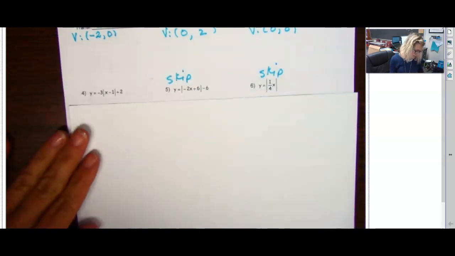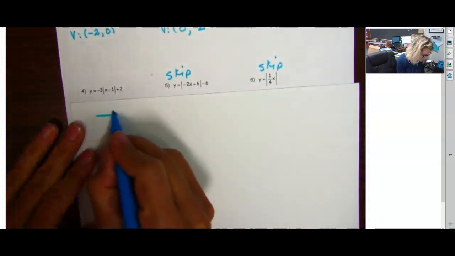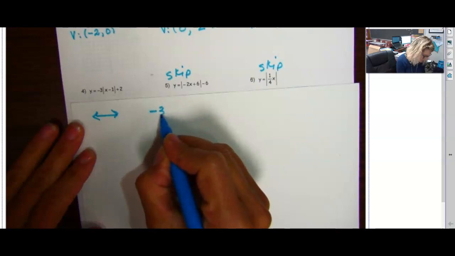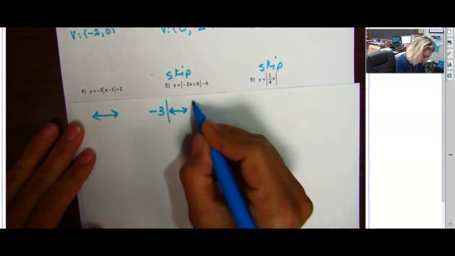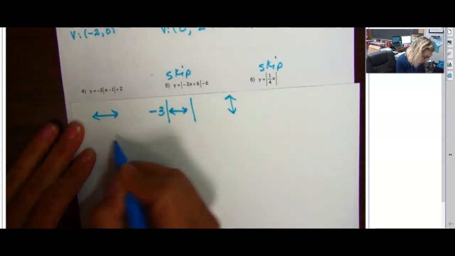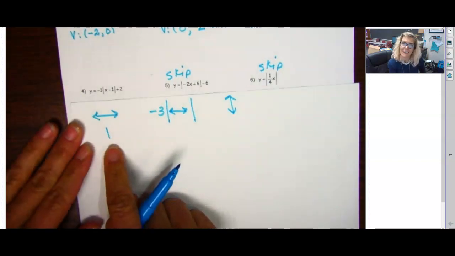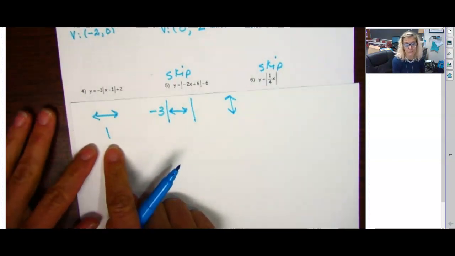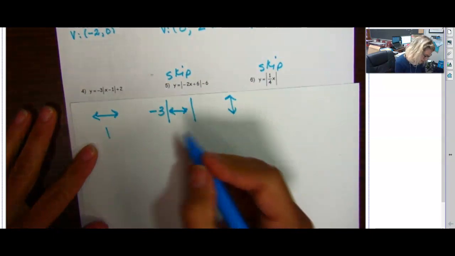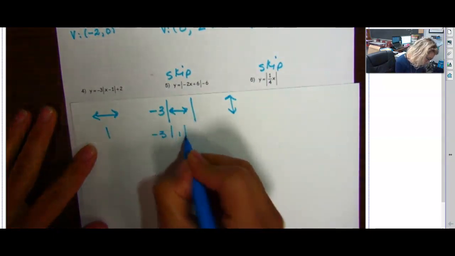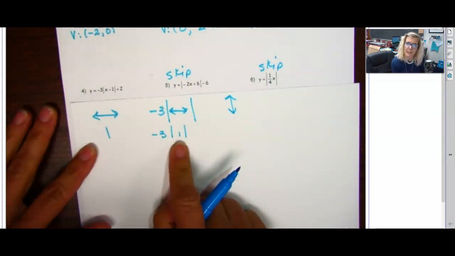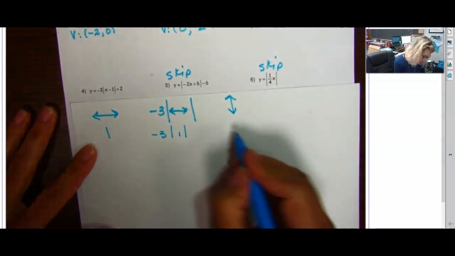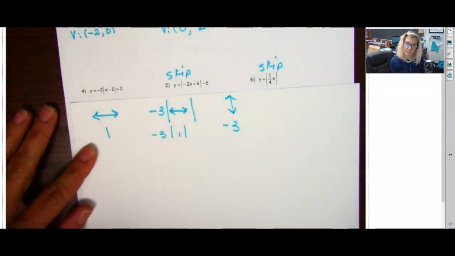So again, from the vertex, if I go one place in a positive direction from the vertex, one place to the right, it is going to be -3 times the absolute value of that. So -3 times 1, I'm going down 3 units.